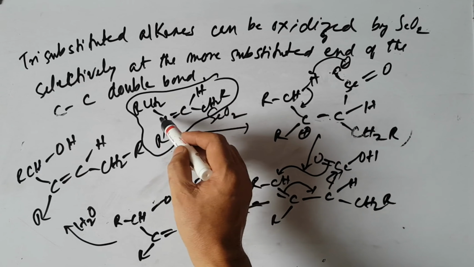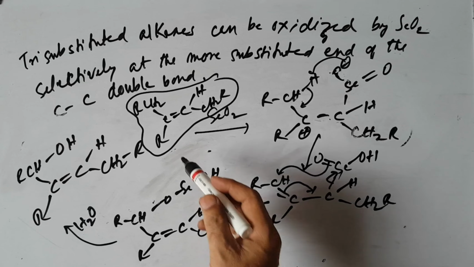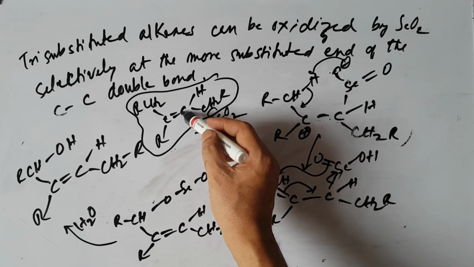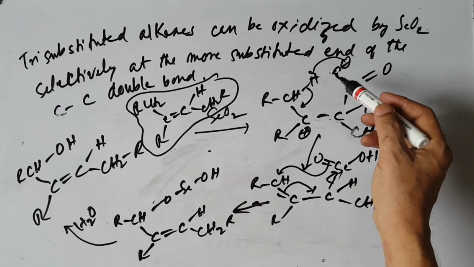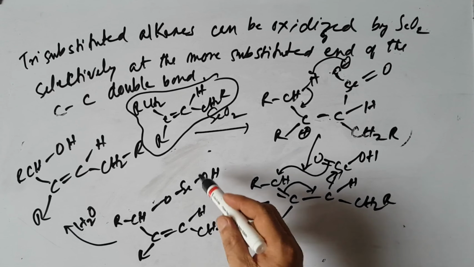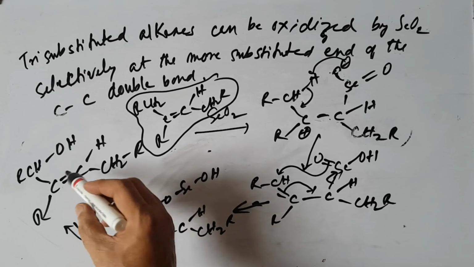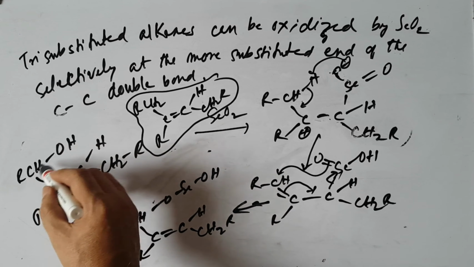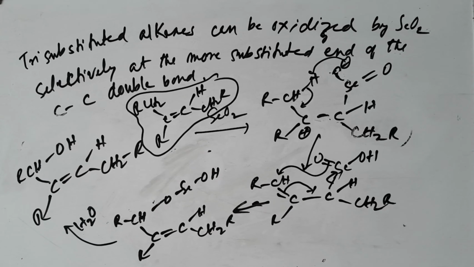The selenium first links with this side, then attacks again, a sigmatropic rearrangement takes place, and finally hydrolysis gives the product. So the active methylene group is oxidized to alcohol.